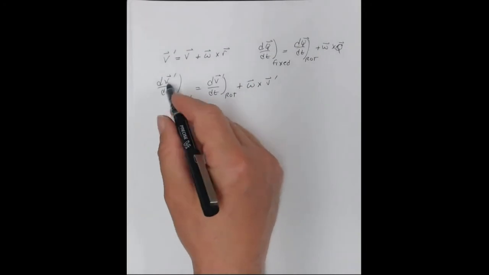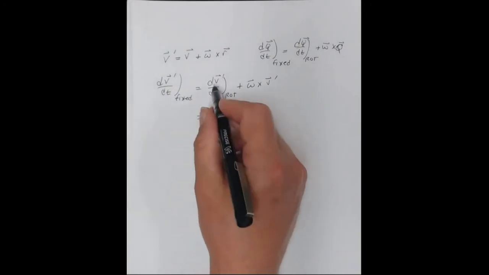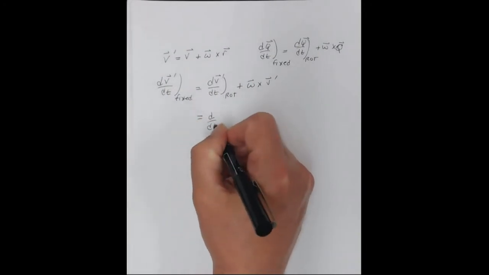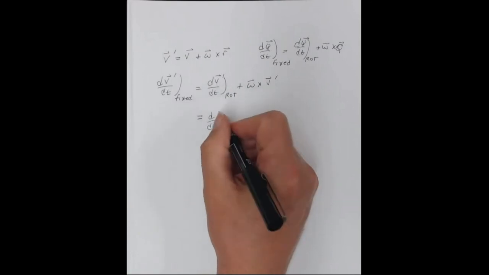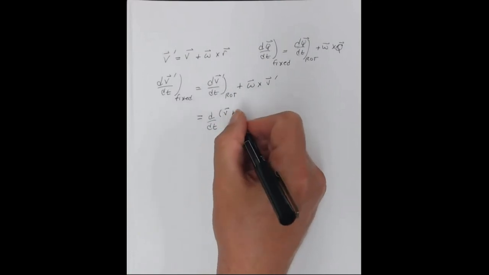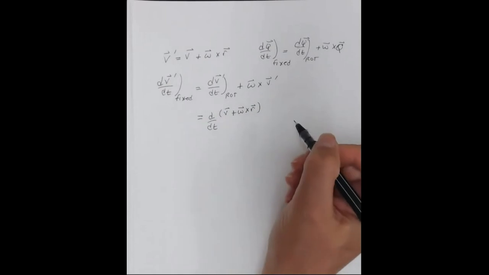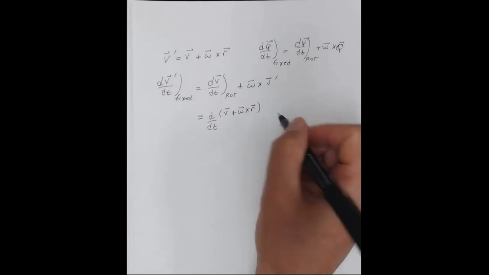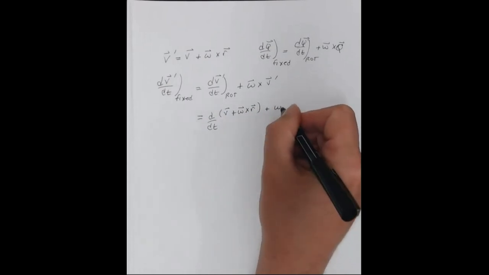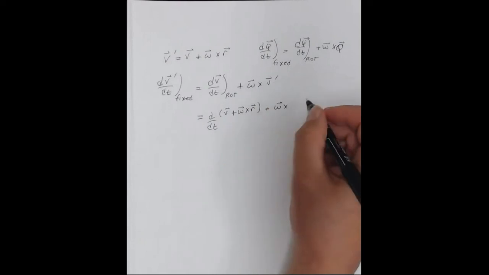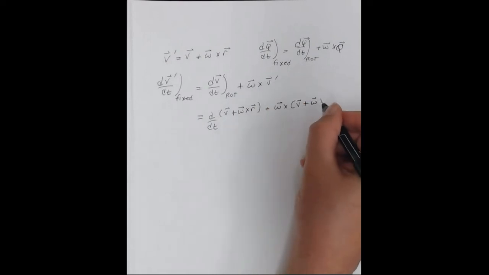So the acceleration as seen in the fixed frame is equal to, now I'm going to take this derivative with respect to time, instead of v prime I'm going to write that as v plus omega cross r, plus omega cross v prime, which is v plus omega cross r.